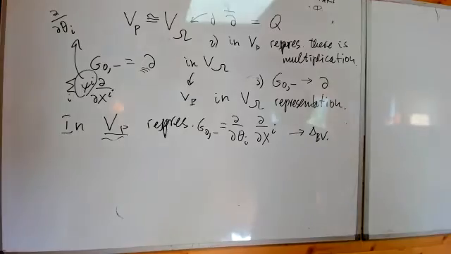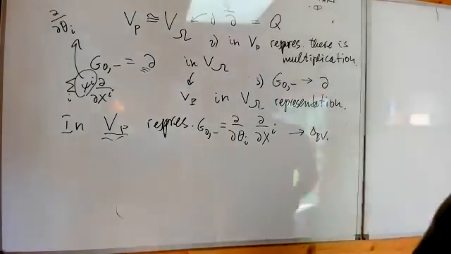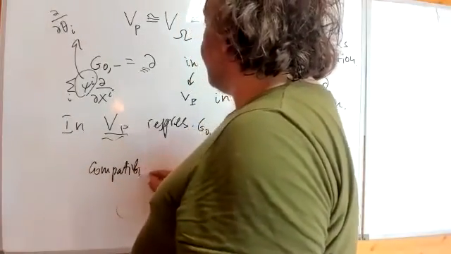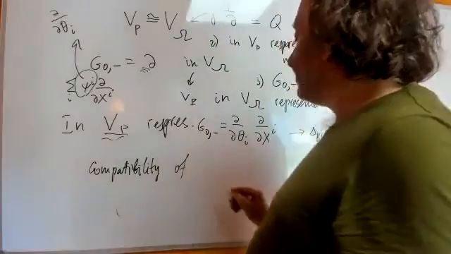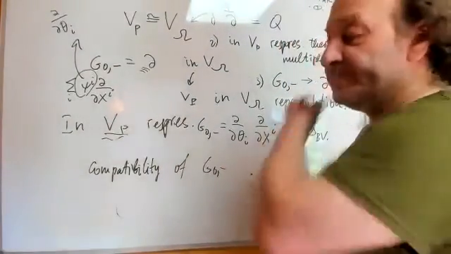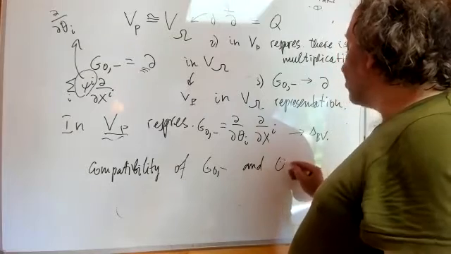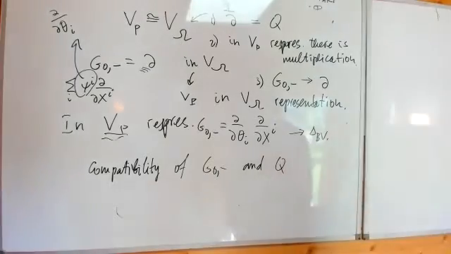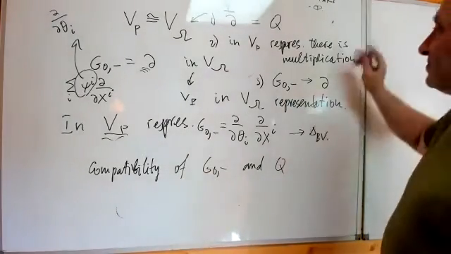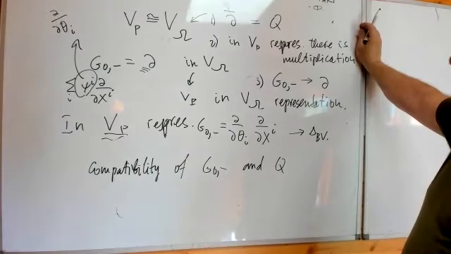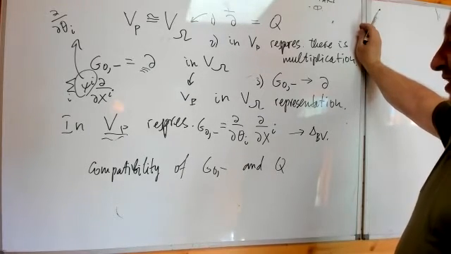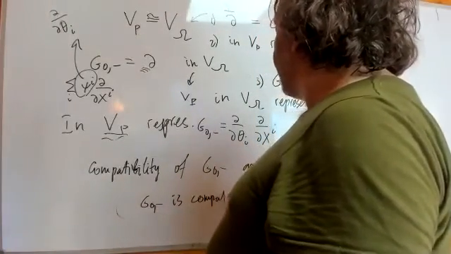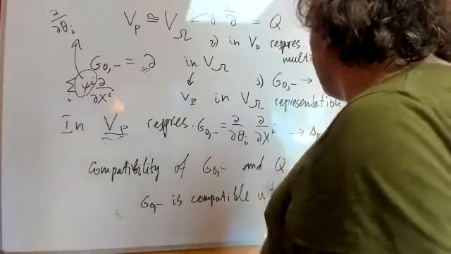Now the last thing here is that there is compatibility of G naught minus and Q. Not only do they anti-commute with each other, but also G naught minus is compatible with homotopy.